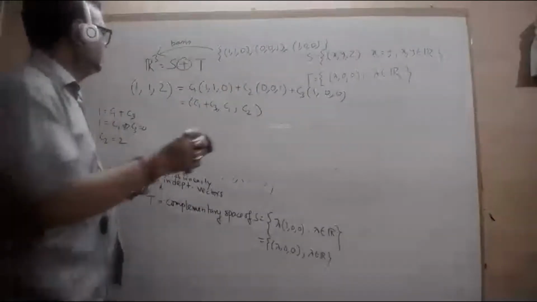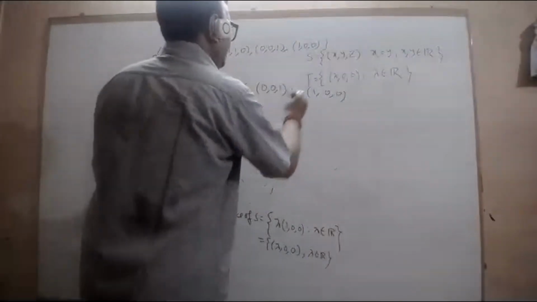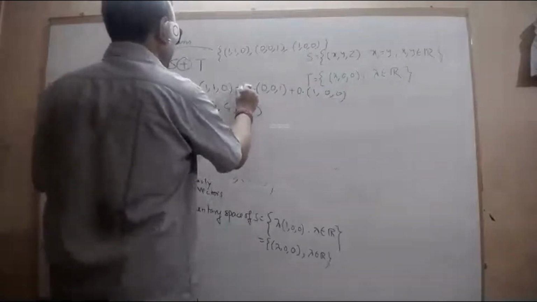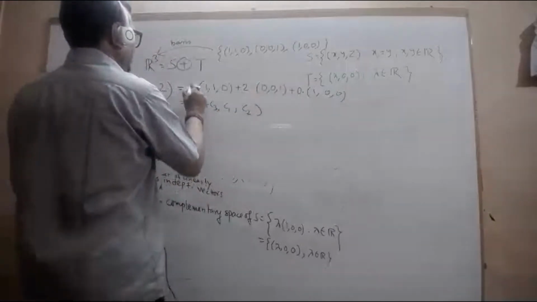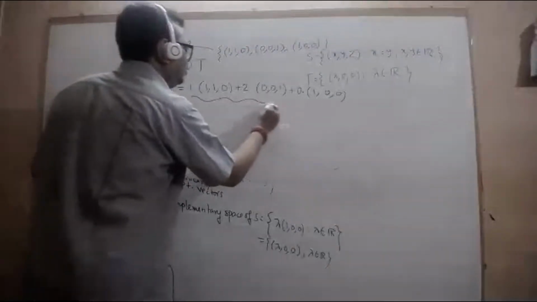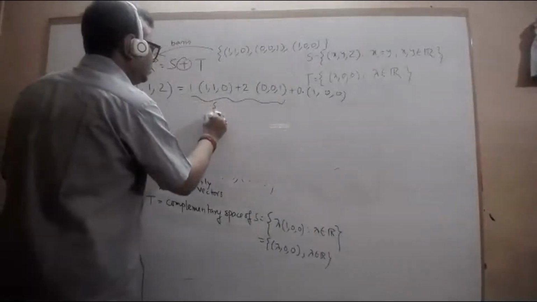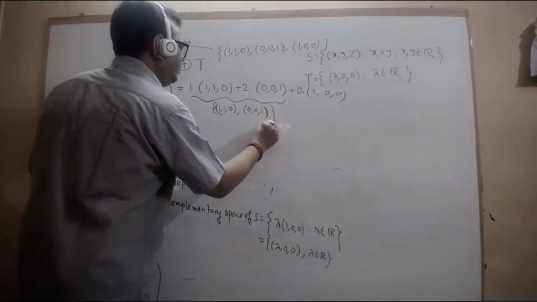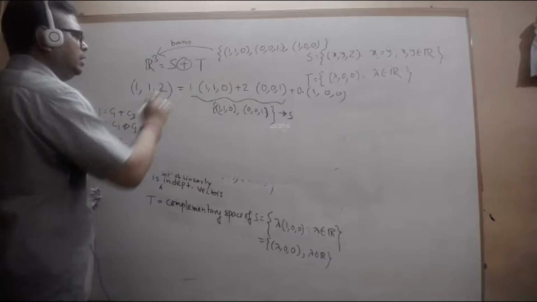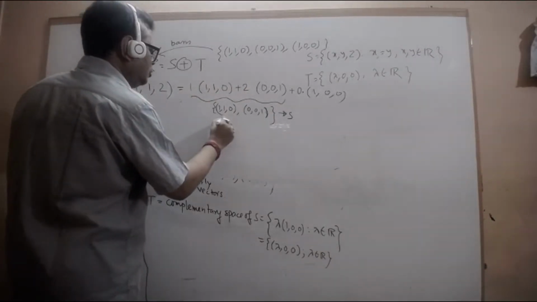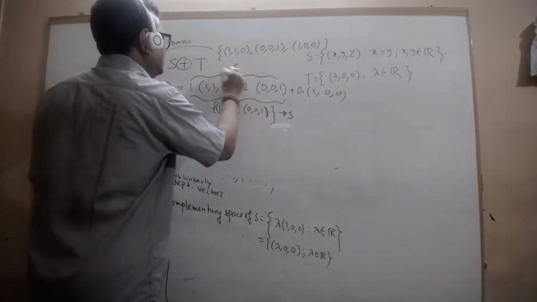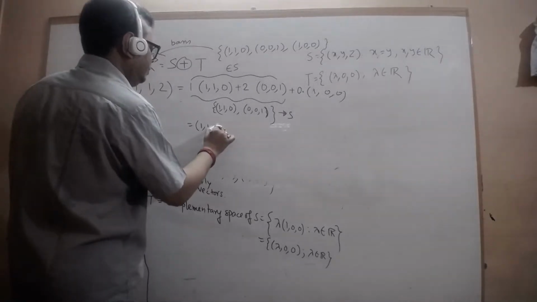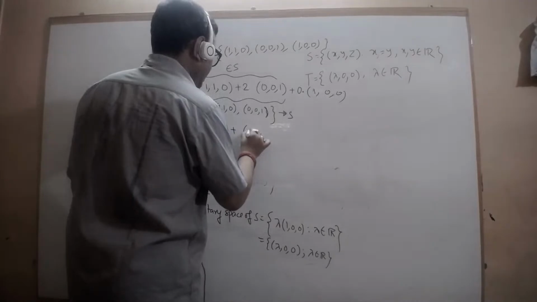Then you see that this portion is a linear combination of the basis of S. This is the basis of S. So this should be belonging to S. So this vector gives you 1, 1, 2 plus a null vector.